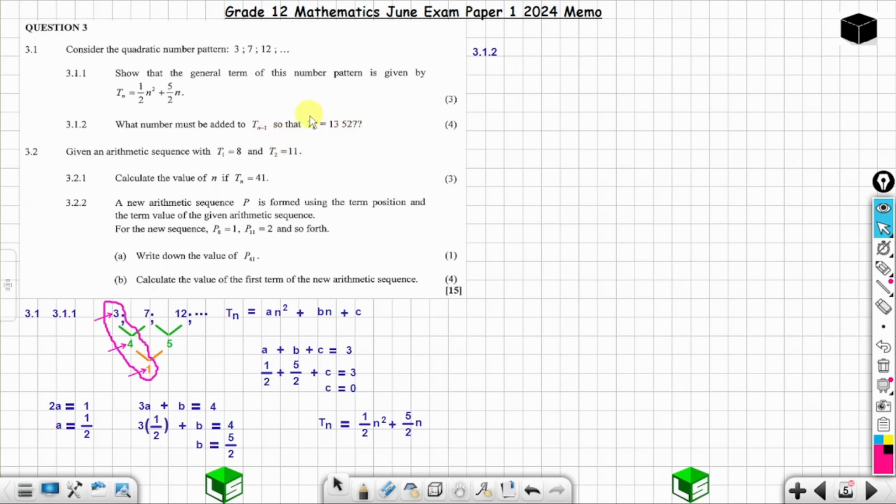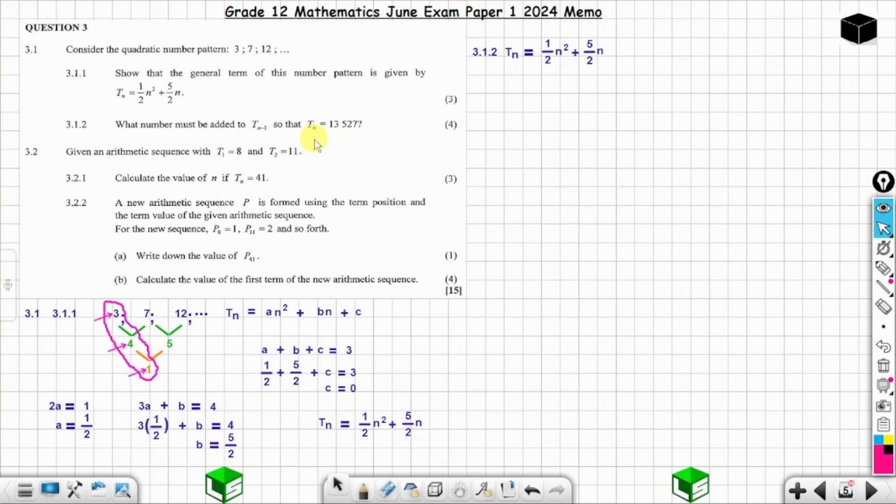So we have to find the position of this term, and then we are going to find the previous term, and then we can calculate how much you need to add to this so that you can find the next term. So we're still going to use this general formula.